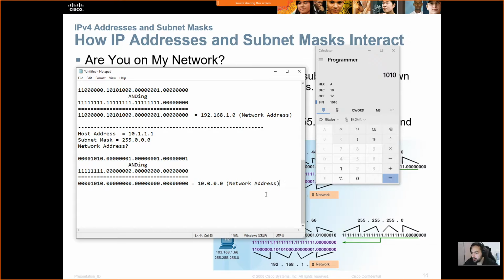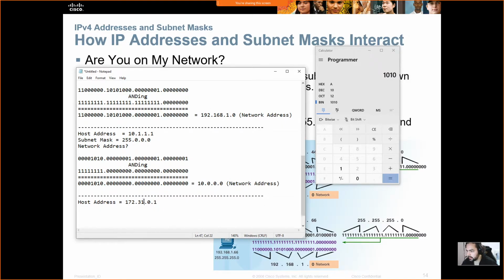Okay. Let's do another example just to be sure that you guys are all familiar with this. I'm going to give you another address, and you guys are going to help me out. So the host address will be 172.31.0.1.